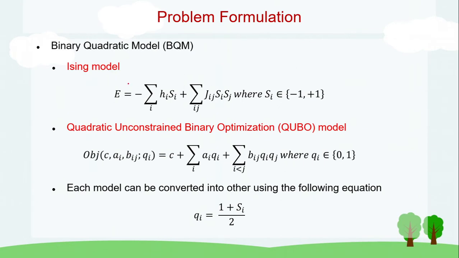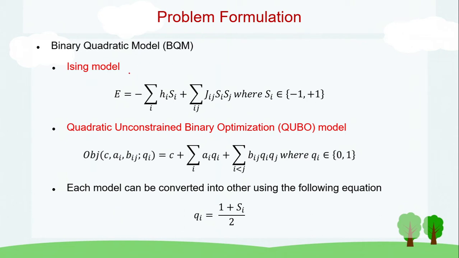The D-Wave uses something called a binary quadratic model. You have to convert your problem to the models given here. Again, it has two types. One is called the Ising model, another one is the QUBO model, quadratic unconstrained binary optimization model.